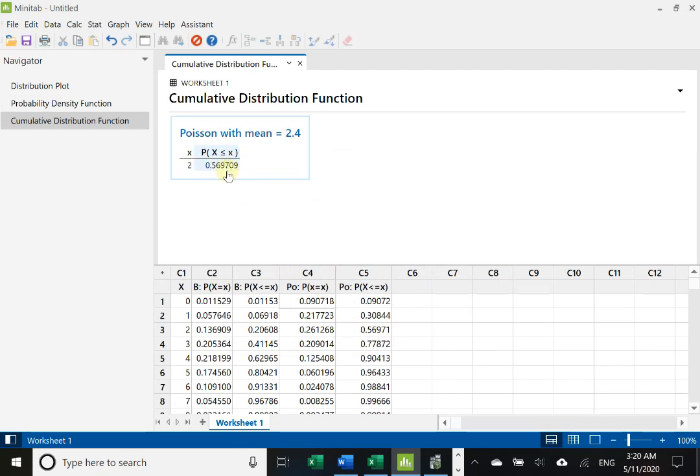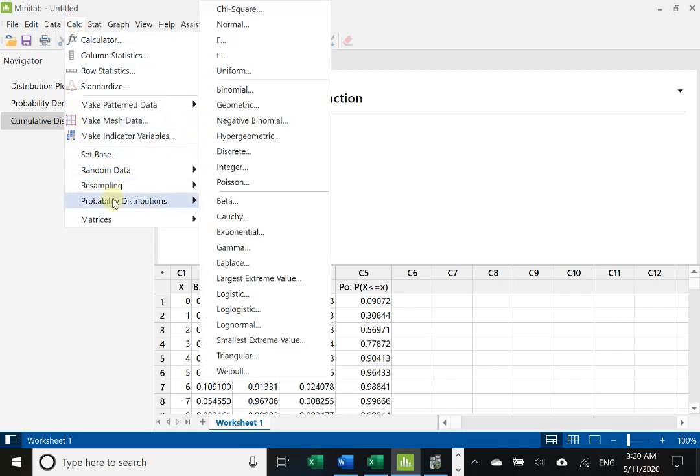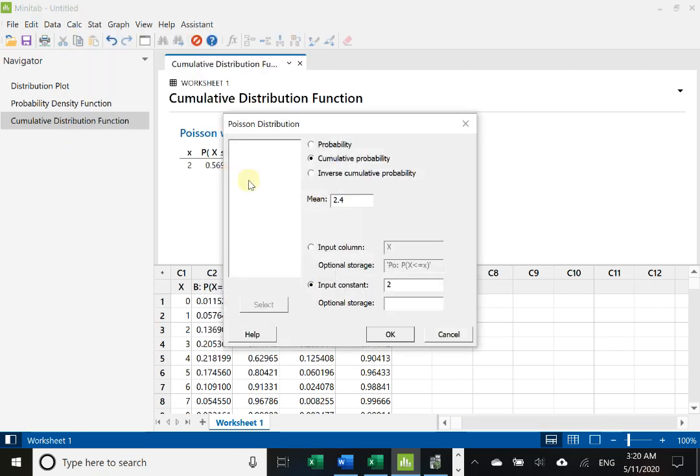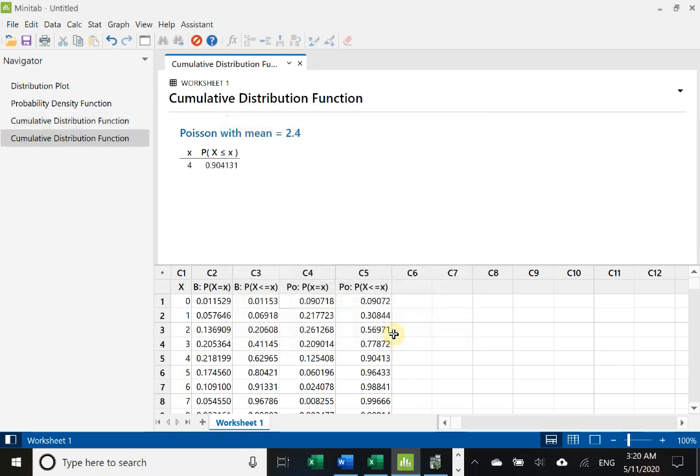And then 1 minus that gives me the probability of greater than or equal to 3. To do less than or equal to 4, you go to Calc, Probability Distributions, Poisson, and input a 4 here. Make sure cumulative is checked. And this will give you the probability of x less than or equal to 4 is 90%. So that's how I got all of those probabilities.